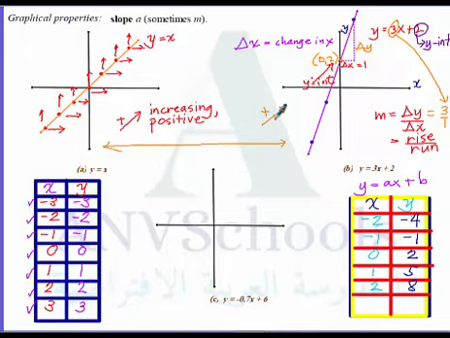You could call it increasing and positive, or positive increasing, whichever. And the slope is taken as a change of 3 to the y over a run of 1 to the right. So that is the function 3x plus 2.